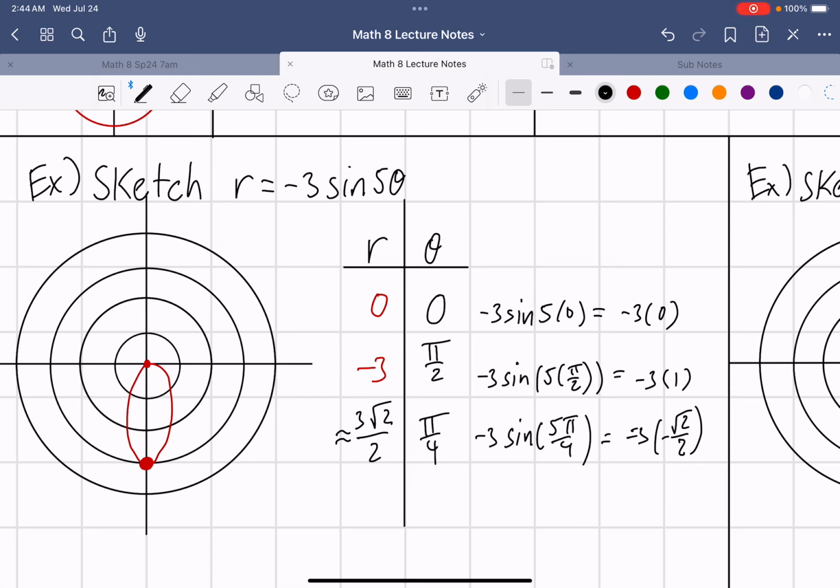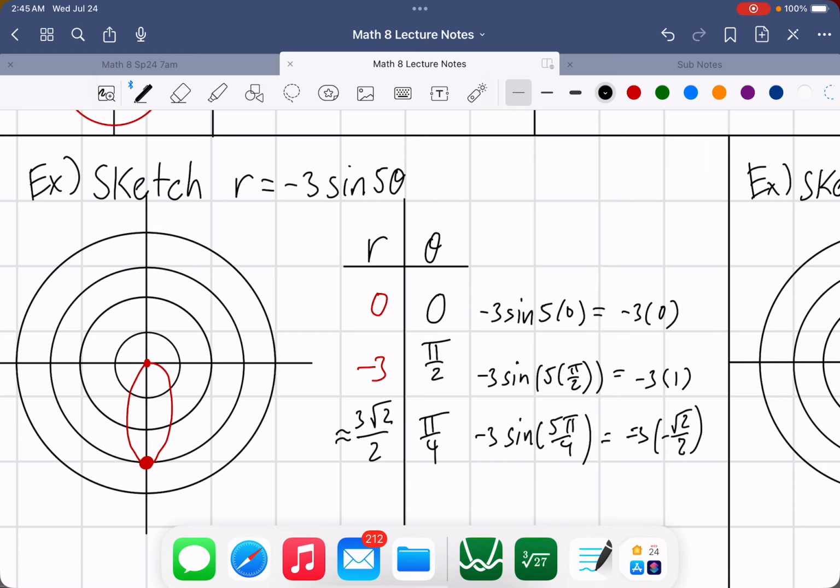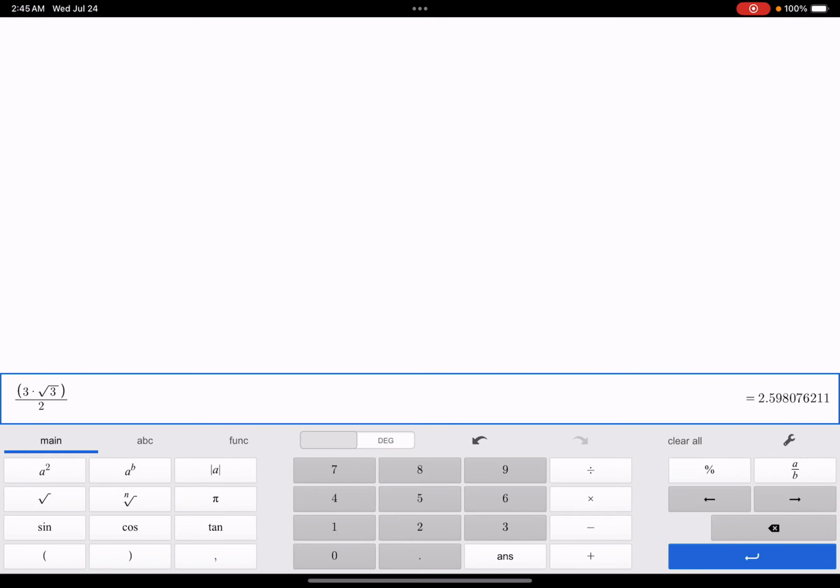Now this value is approximately, if you plug it into your calculator, we have 3 square root of 2 over 2, that's approximately 2.12.